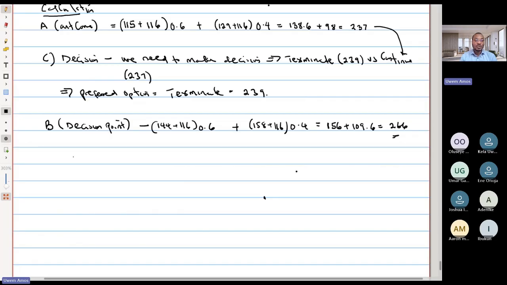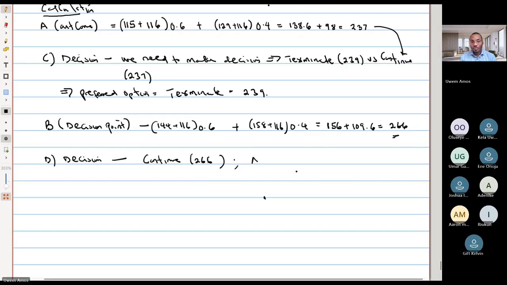So D is a decision point. So we need to make a decision. If we continue, we get 266. If we abandon, we get 239. So which is better?